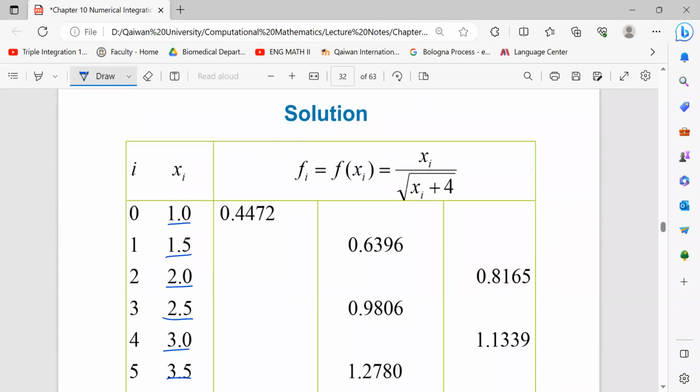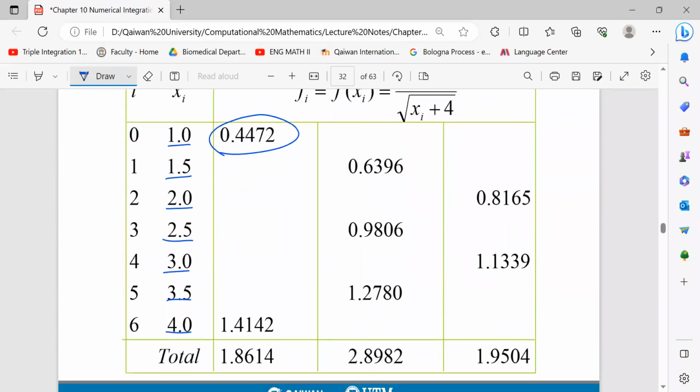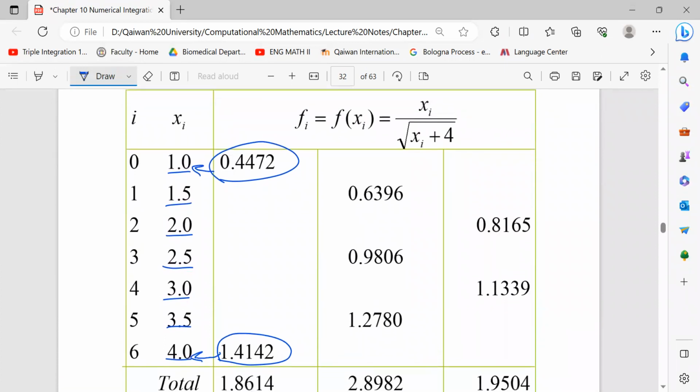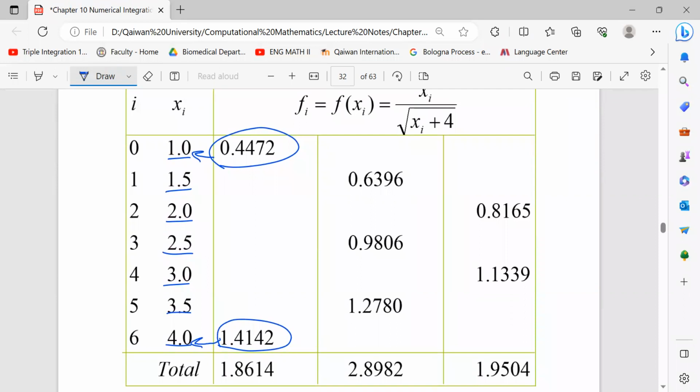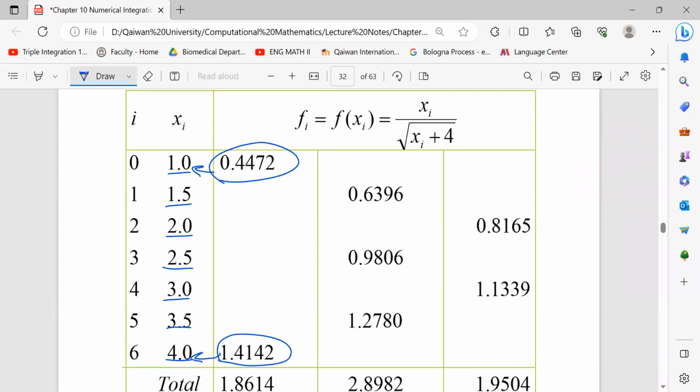Then, as I said, we make it into 3 categories: first and last. This is the evaluation of 1 into the given function, and evaluation of 4 into the given function. First and last. We find the sum of these. We don't multiply these by any value. Then, the odd ones together.